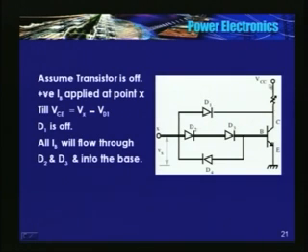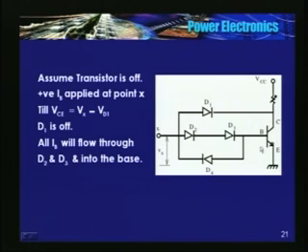Cathode potential is the same as VCC, and anode potential is the potential of X, and Vx is very small. So all the current starts flowing through D2 and D3 and into the base. The transistor turns on, therefore Vce falls.